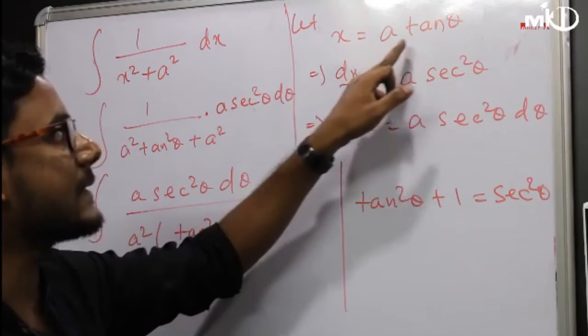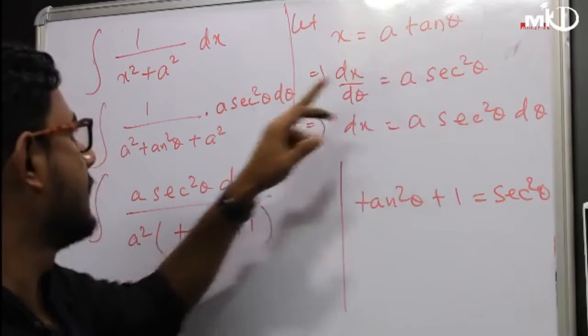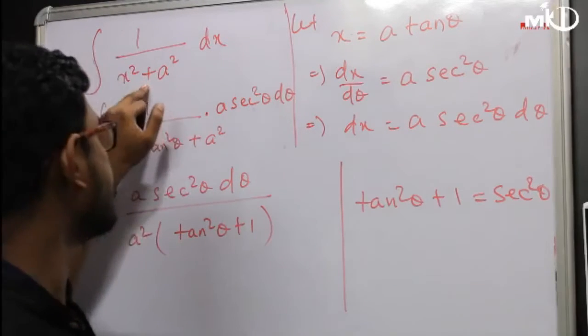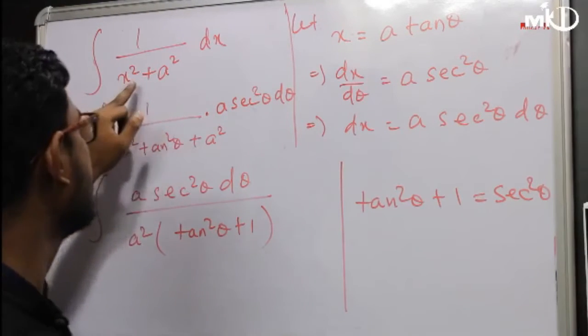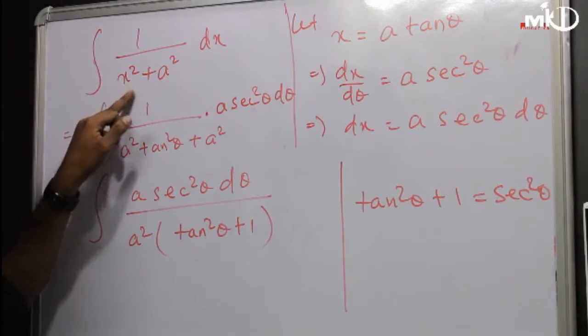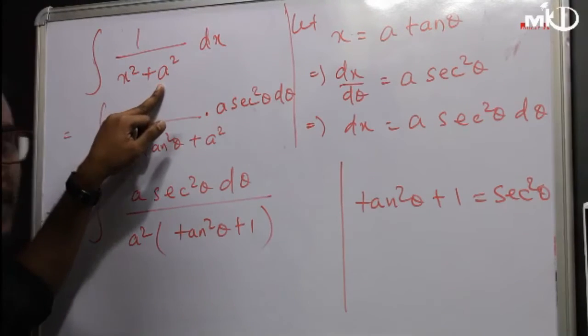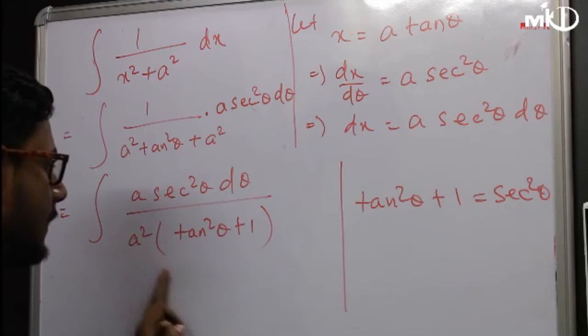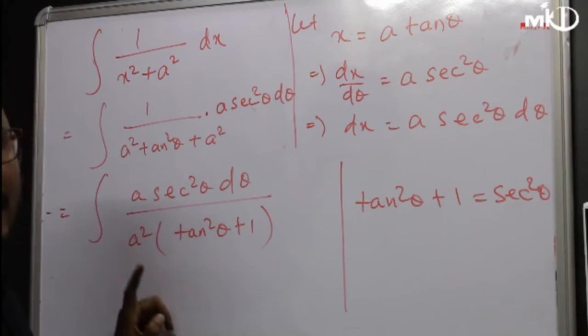There are two terms in the denominator, and that's why it's difficult to find the integration. If it is only 1 by x square, we can find its integration. But since it is 1 by x square plus a square, it is very difficult. So we are taking the substitution to make the denominator a single term.